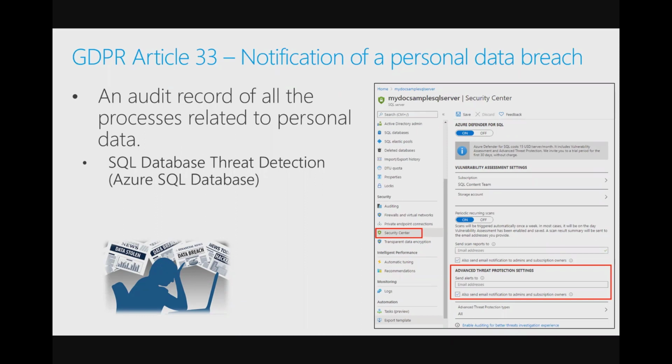So GDPR forces you to notify your users by email, by SMS, doesn't matter. You need to provide notification services, notification channels, to users to actually give them knowledge about what they can do to minimize this. Again, on the Uber example, a couple of days ago they didn't notify users about what they can do.